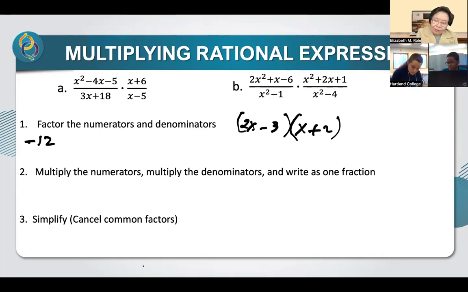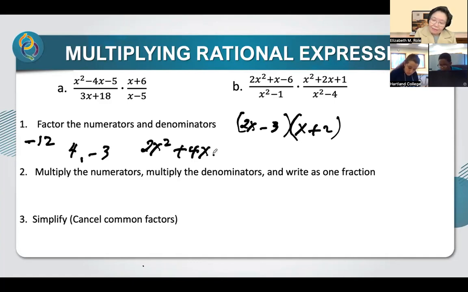And I think you know that will be a 4 and a minus 3. Yeah, and then, as we have learned last time, we said 2x squared, then you have plus 4x minus 3x minus 6.